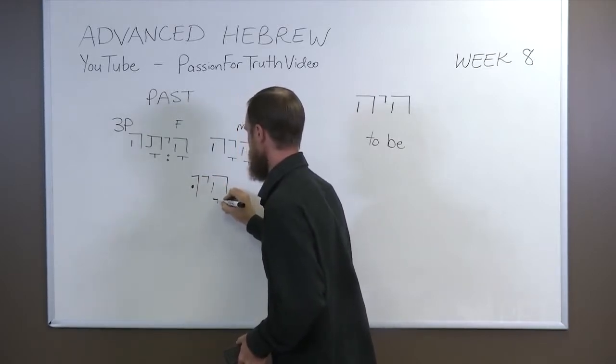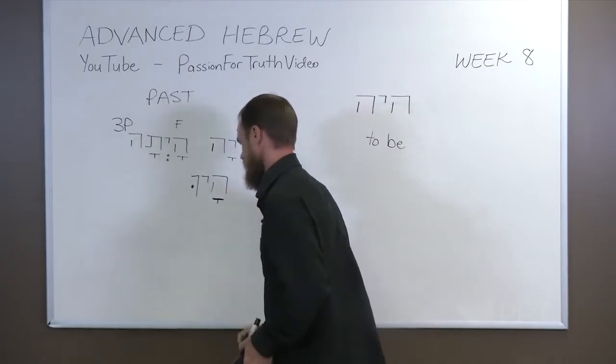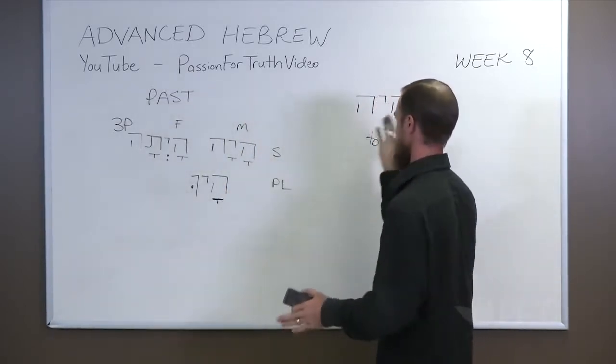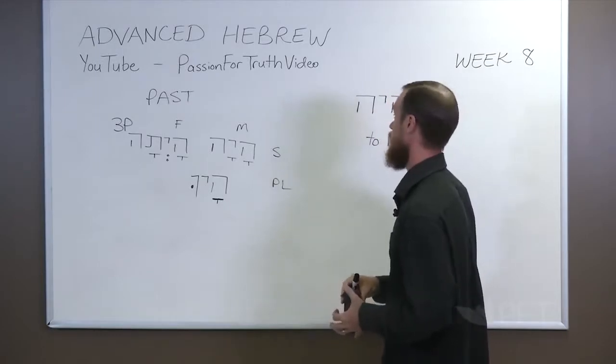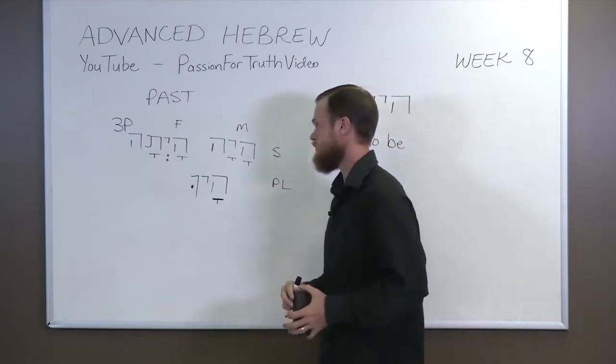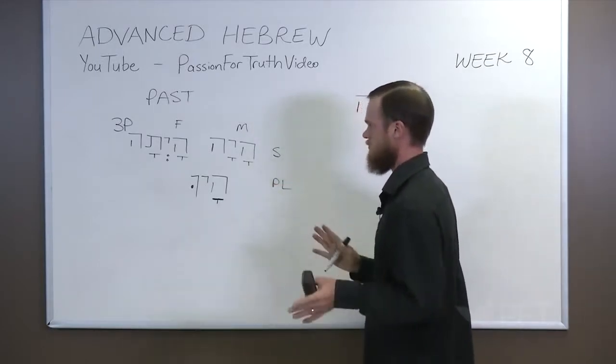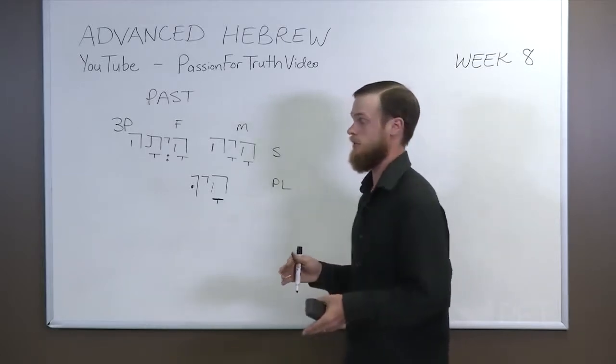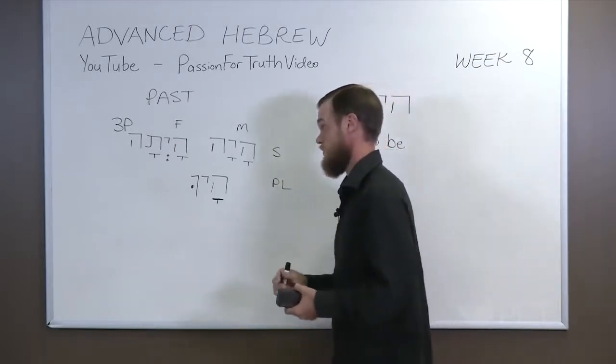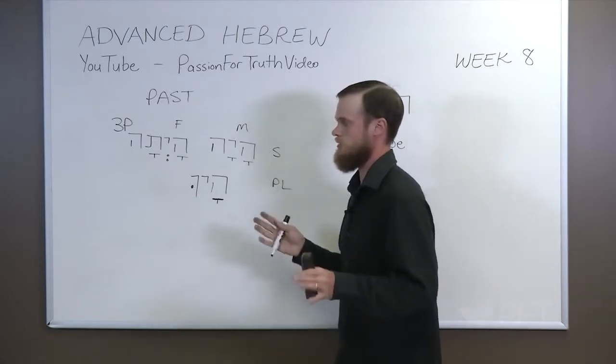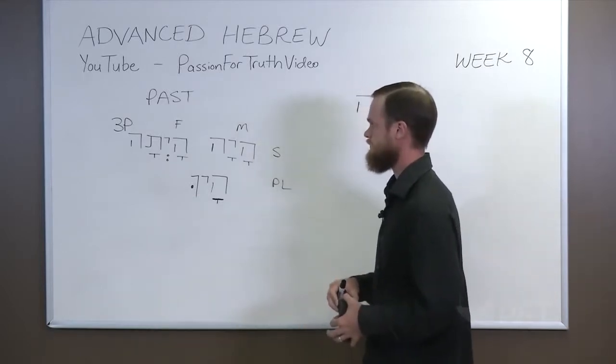Okay, as I said, this is just a particular way that this particular shoresh is conjugated. But you do need to know this or be familiar with it because you're going to encounter this word a lot in the scriptures, and it has an irregular conjugation.